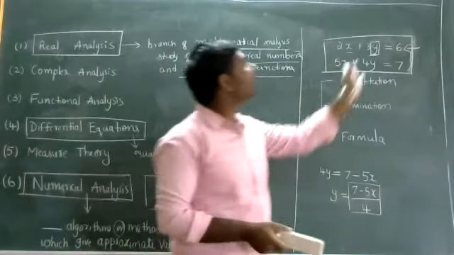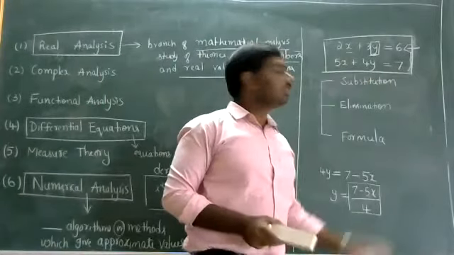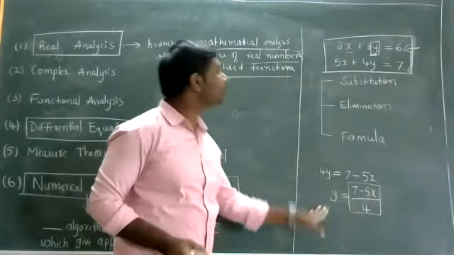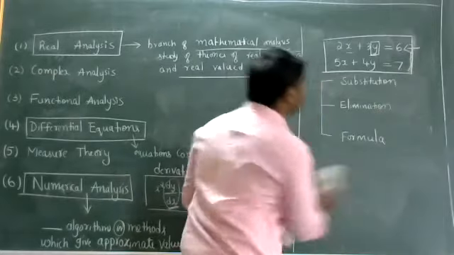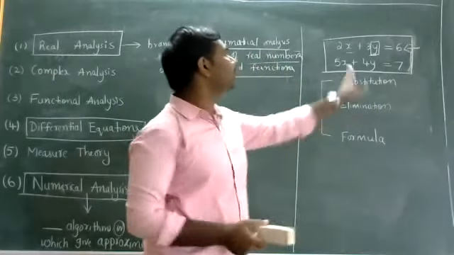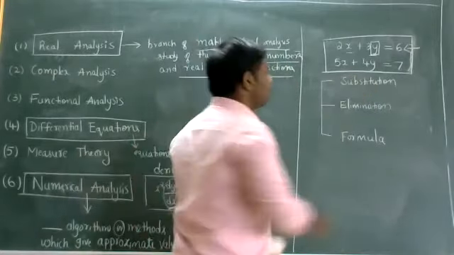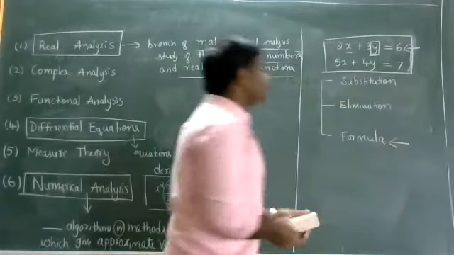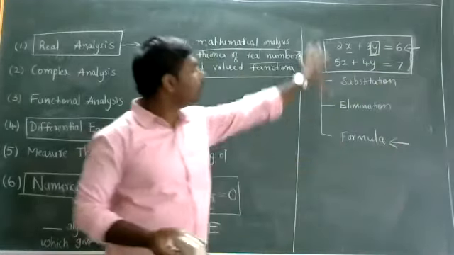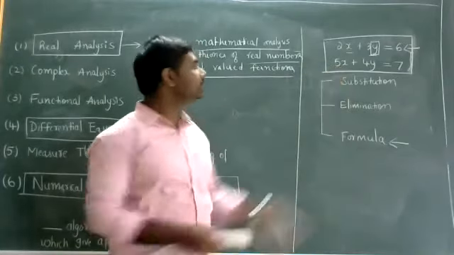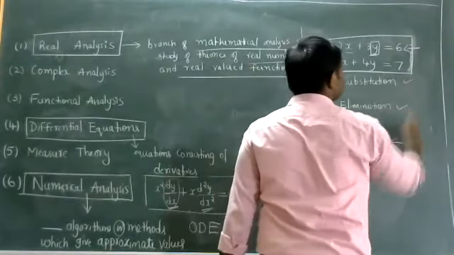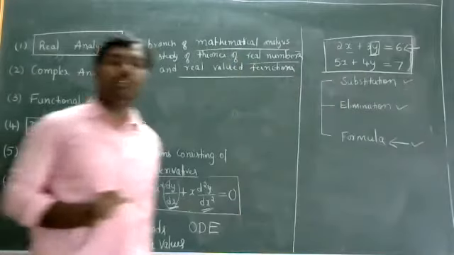By transferring all to the right side, I get the value of x. This is called the substitution method. The second is the elimination method, which means eliminating any one of the variables. And finally, the formula method means we have a formula to solve the system. Using that formula, we can also solve the system. So these are the three analytical methods to solve a system of linear equations.